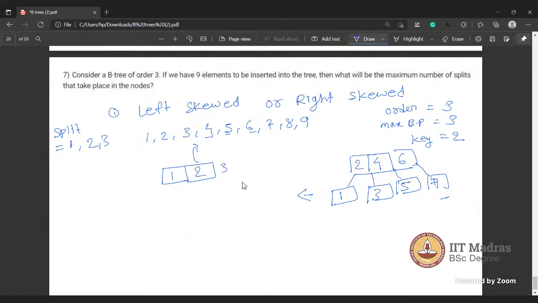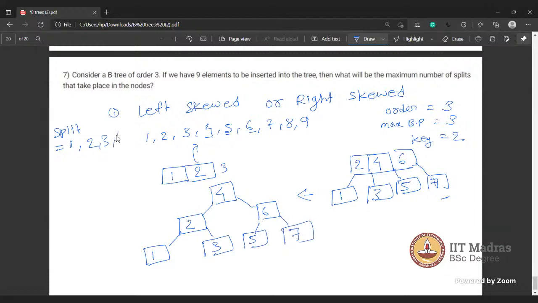Okay, so 4 will become the root. So 4, then 2 and 6 below, then 1, 3, 5, 7.